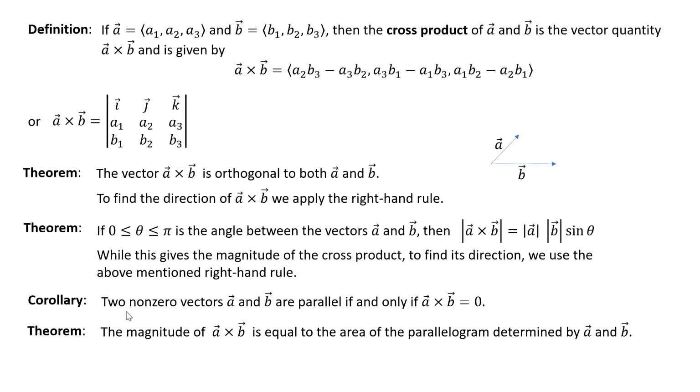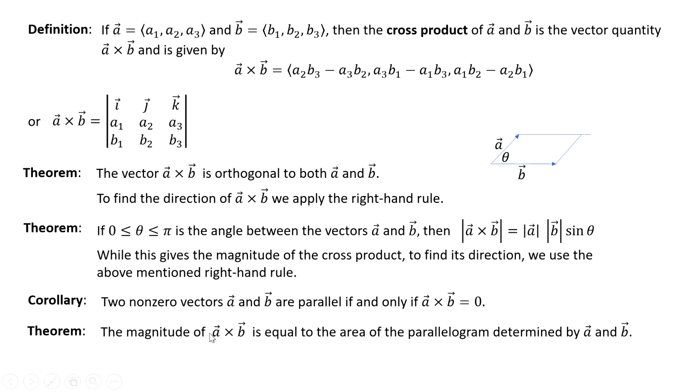Can we create a parallelogram with these two as sides? Yeah. At the head of A, draw a line parallel to vector B, and at the tip of B, draw a line parallel to vector A, and they intersect at a certain point, and we have a parallelogram.